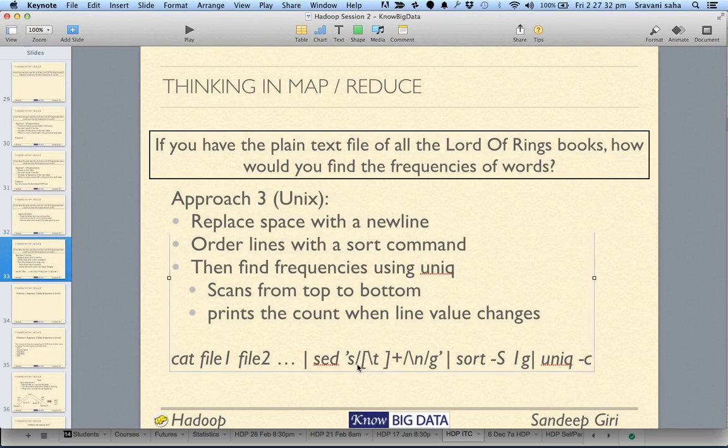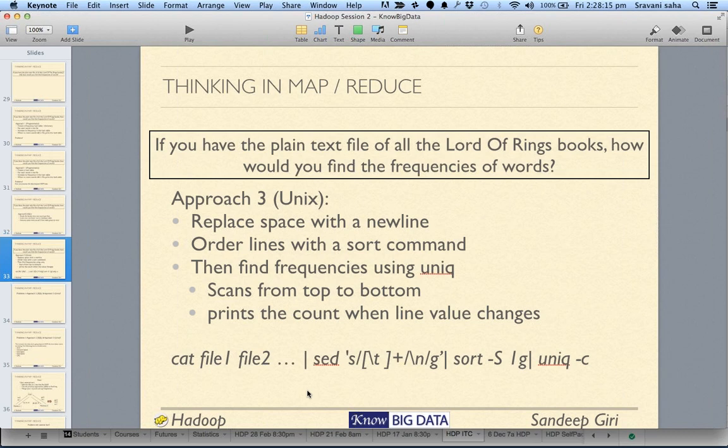This syntax is essentially like a control F with a regular expression, where we say replace tab or space with a new line, and then sort it and find the unique in the sorted data. So Unix provides you first a command which can replace the content line by line.